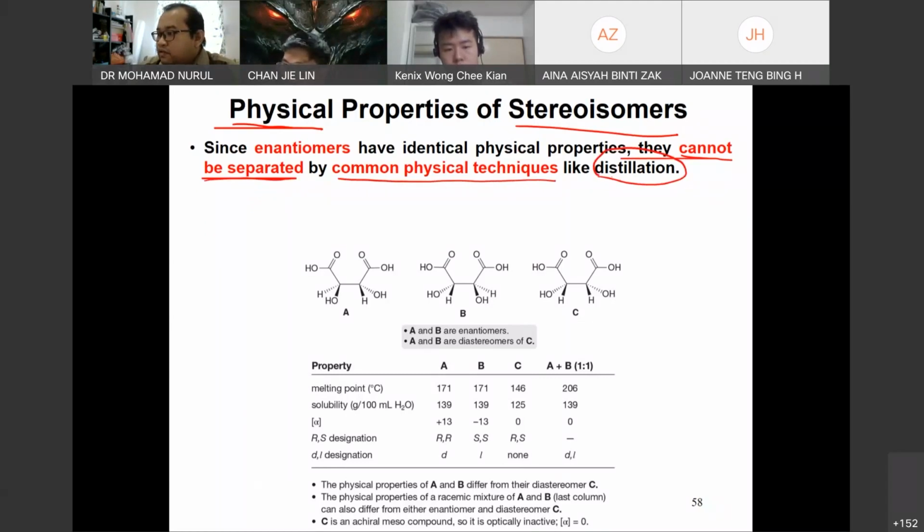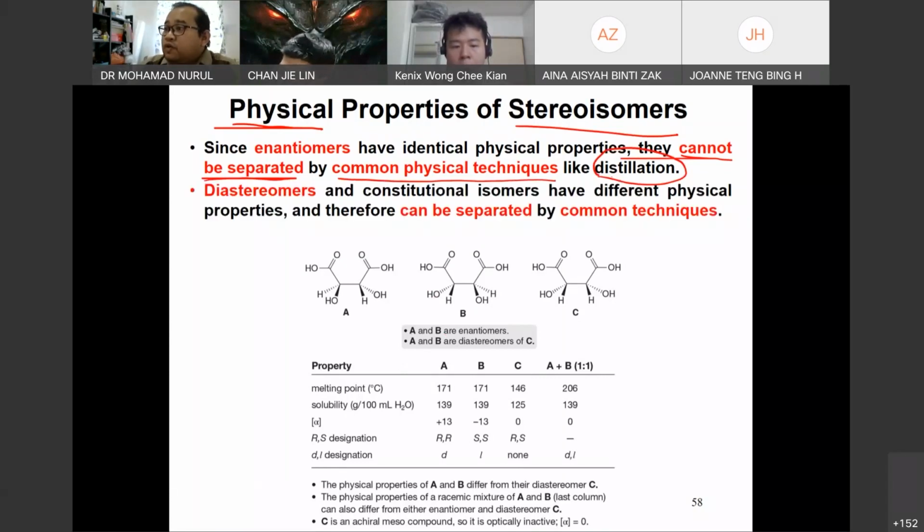Diastereomers and constitutional isomers can have different physical properties, and therefore they can be separated by common techniques, for example, distillation.